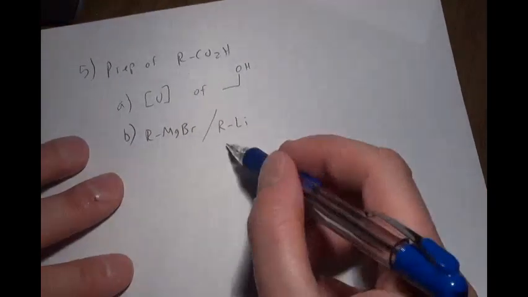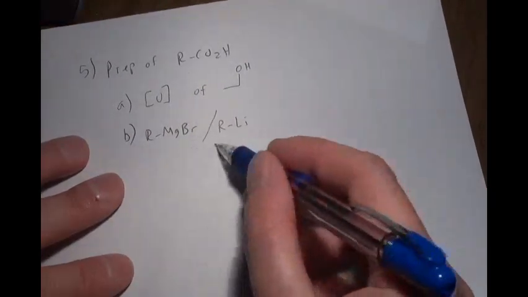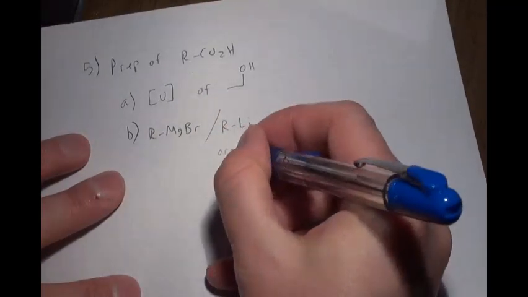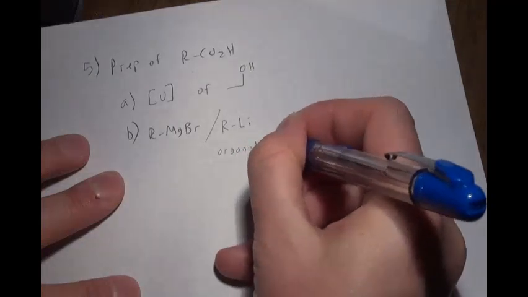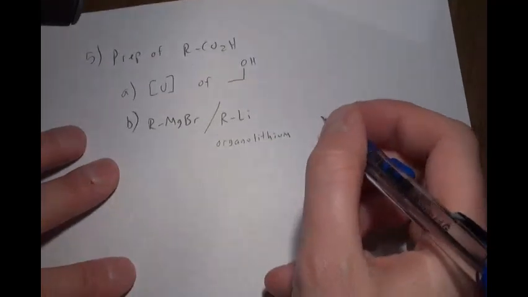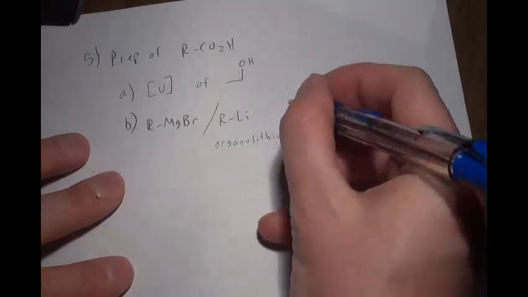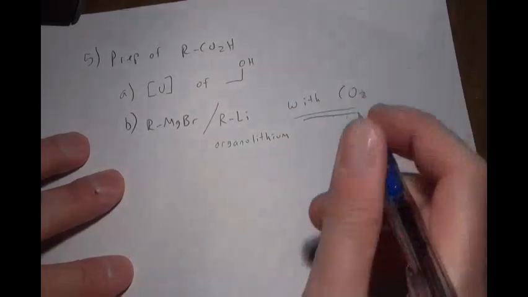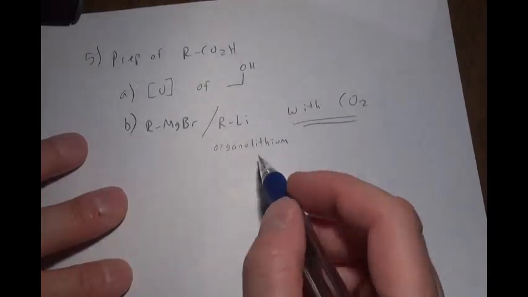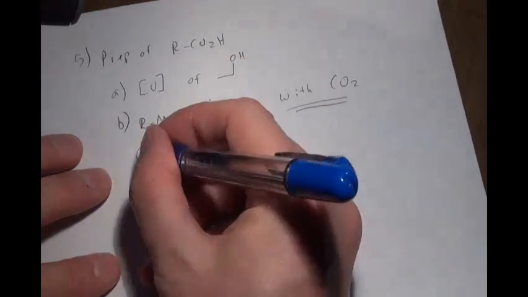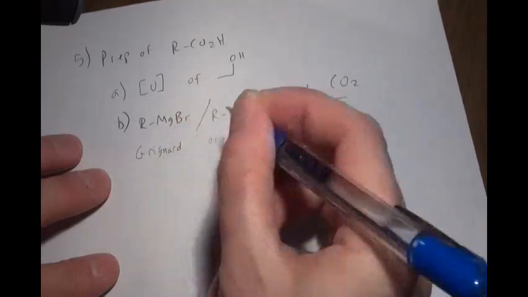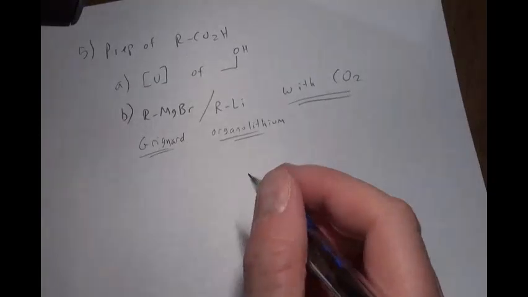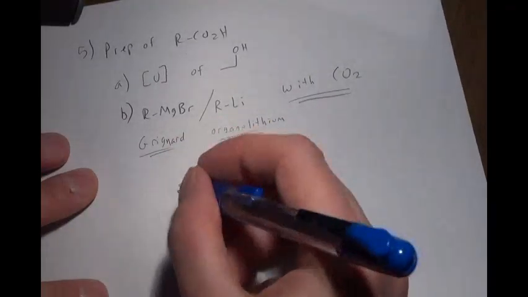Both of those are good nucleophilic carbon reagents. Grignard, and what's the name of this? Organolithium. We're going to react a Grignard or organolithium with CO2. Okay, very easy method. So let's just show an example.